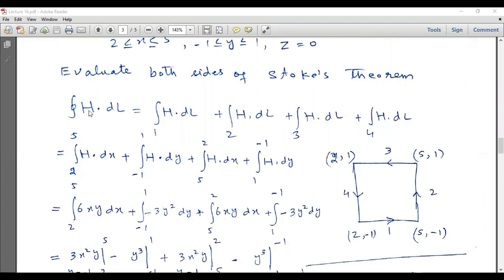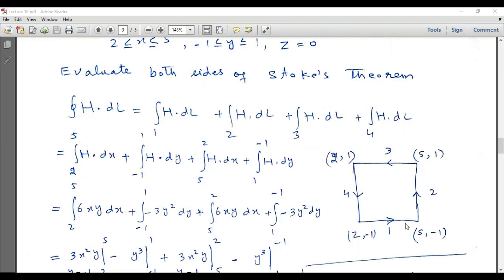So the closed line integral of H dot dl will be equal to the sum of four integrals, and these four integrals correspond to four paths, expressed in the form of a square. In this example, practically the path will not be exactly like this, but we can consider this path for the sake of solving this problem with ease and flexibility.